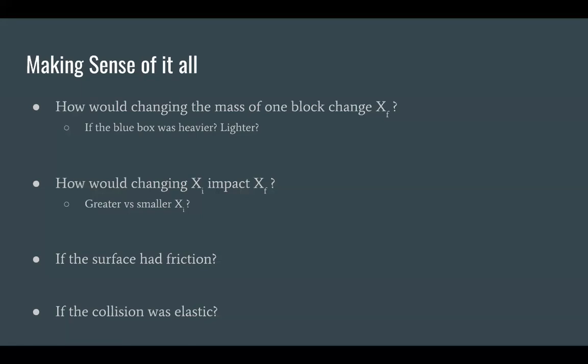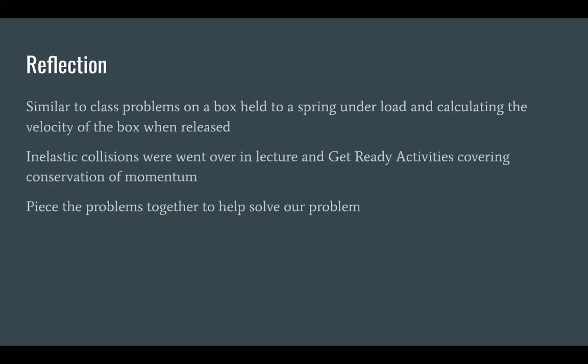And we also wondered if the collision was elastic, how that would impact the final distance. And we found that if the collision was elastic, we would only have one block going towards the second spring, which would decrease our x of f since there's less mass.